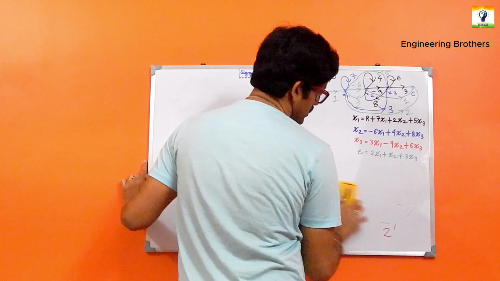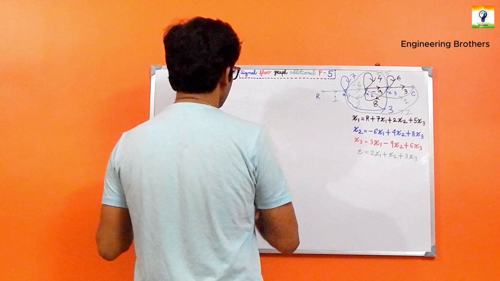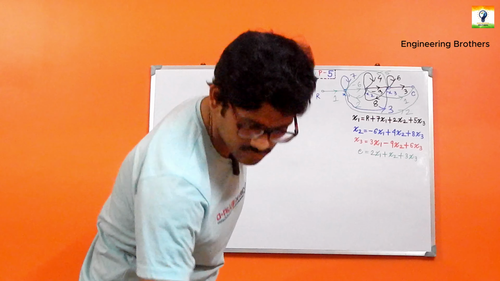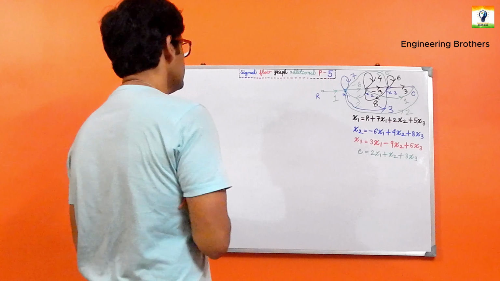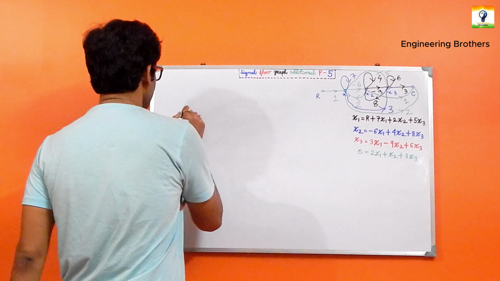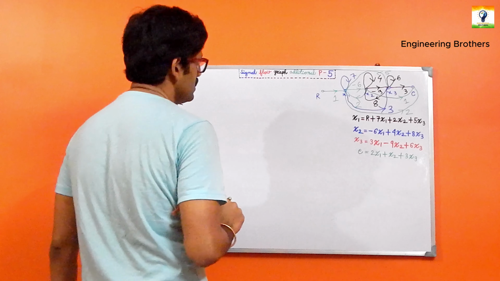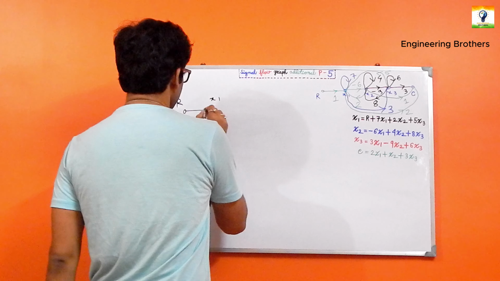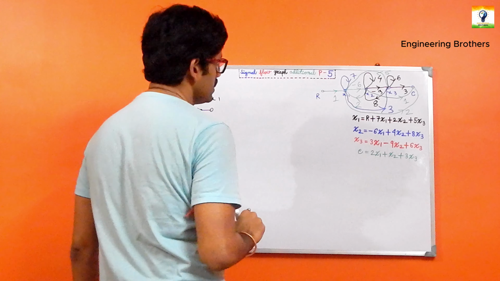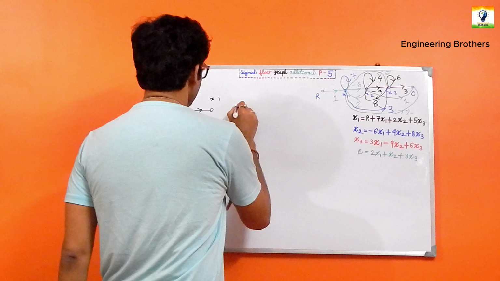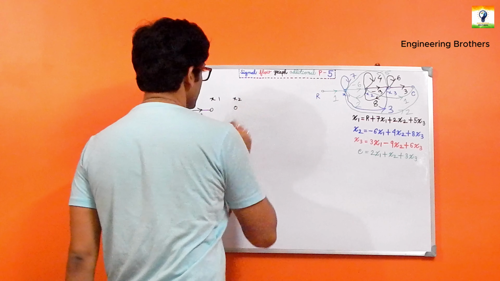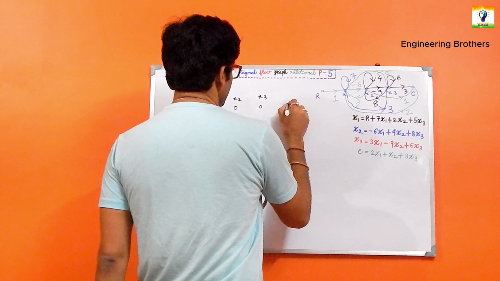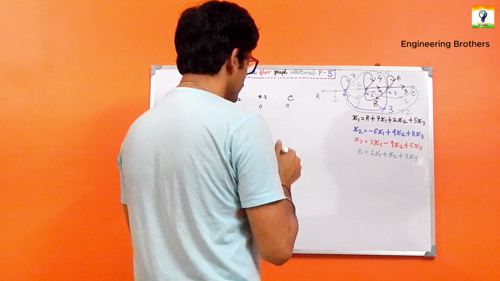Now once again we should draw the signal flow graph. This is going to be our input, which is considered as our R, and this one is our x1, this one is going to be our 1, and after that this one will be our x2, and this one will be our x3, and the output node C will be present over there.